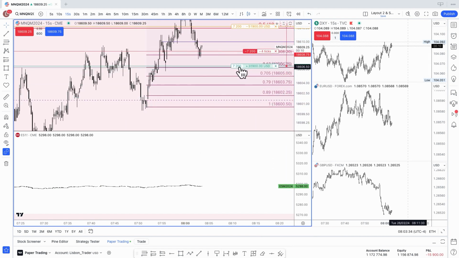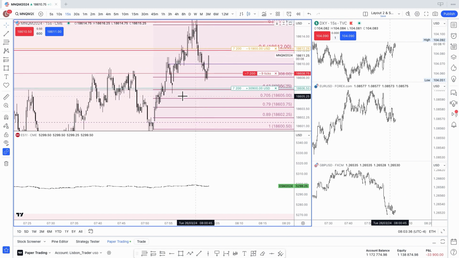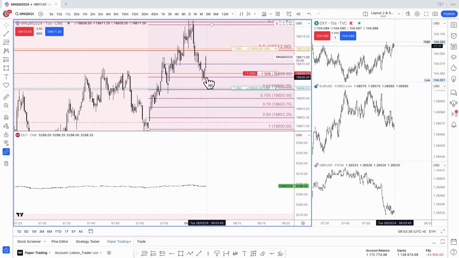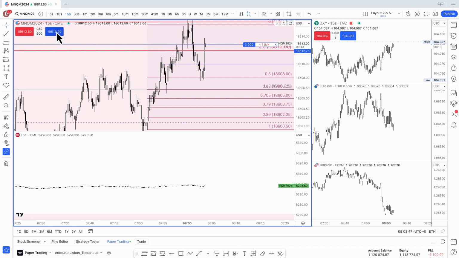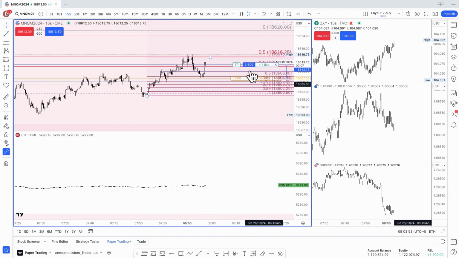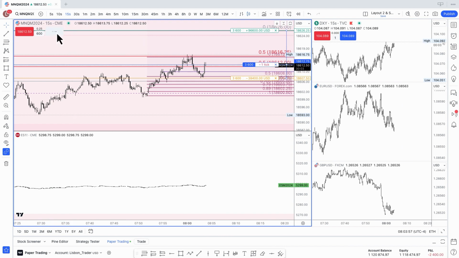So 62% level. Yeah, they tagged half of it. $50k position again.